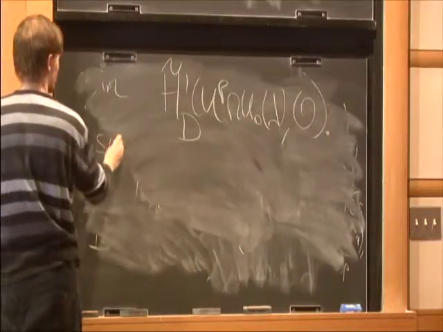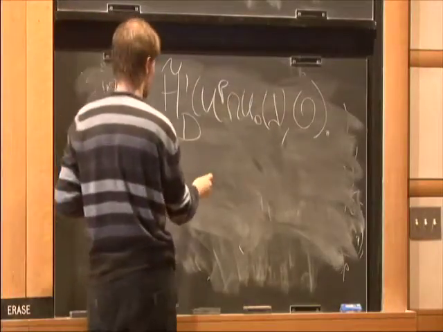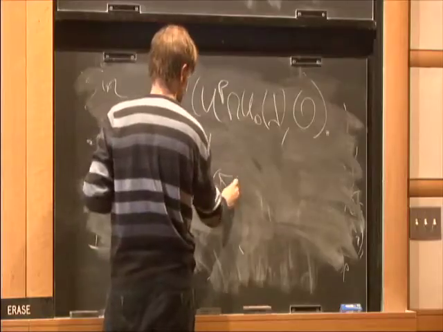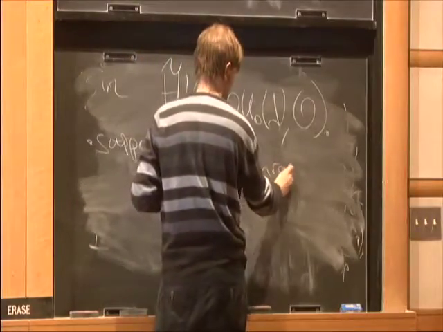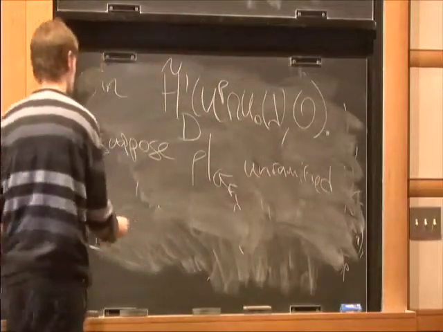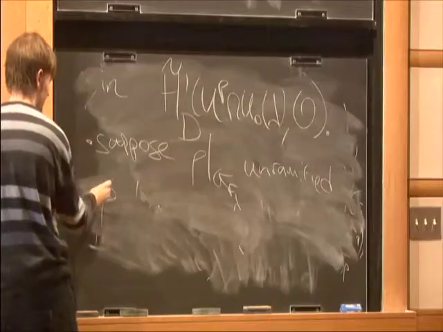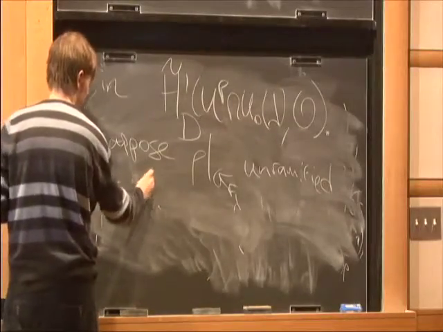And also suppose that this characteristic 0 representation is unramified at lambda. And I'll also suppose that the residual representation, rho bar, is absolutely irreducible.